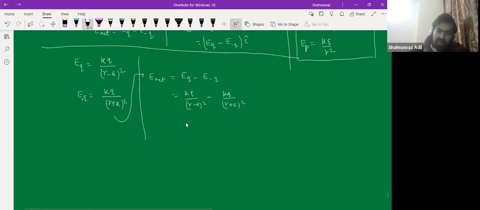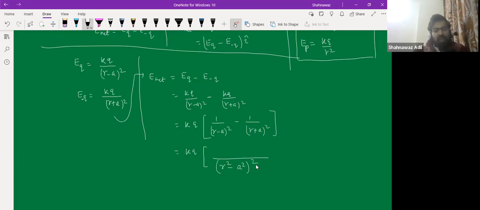We can take KQ common. This is 1 by R minus A whole square and this is 1 by R plus A whole square. So we can take the LCM. What would be the LCM? The LCM would be R square minus A square and a whole square.